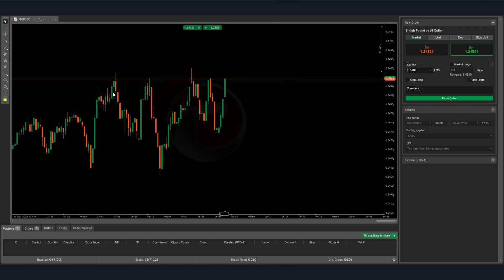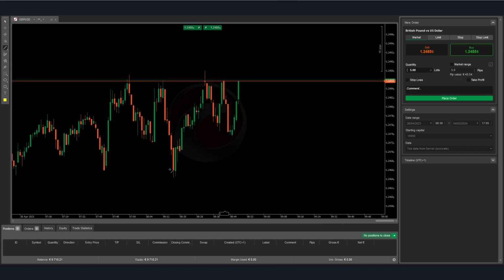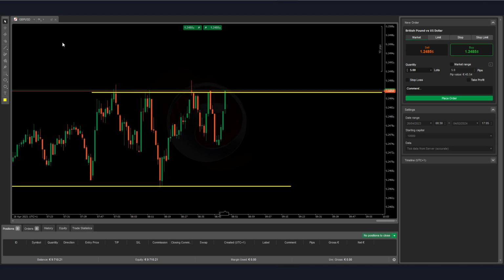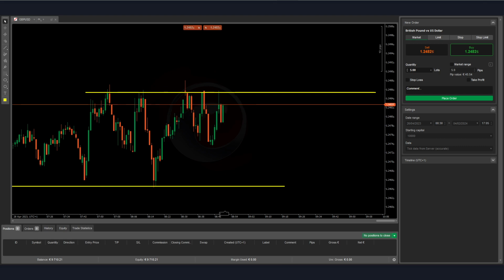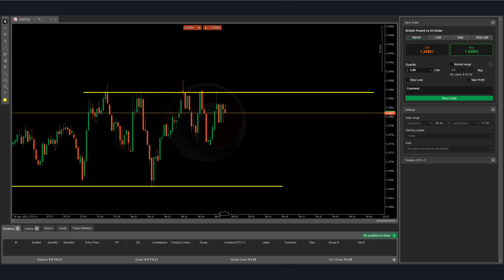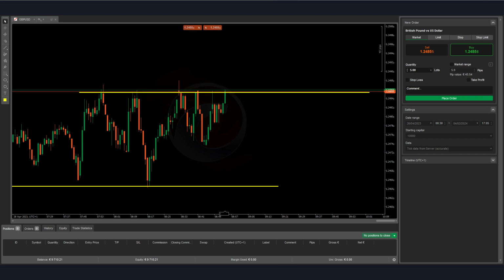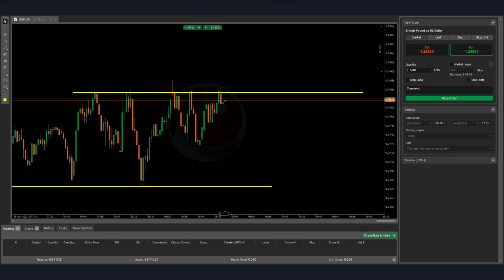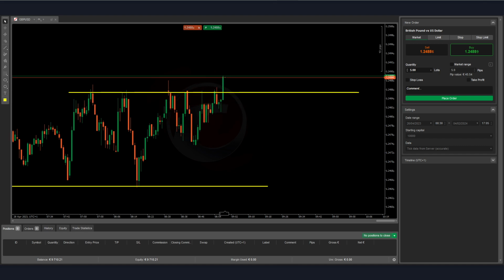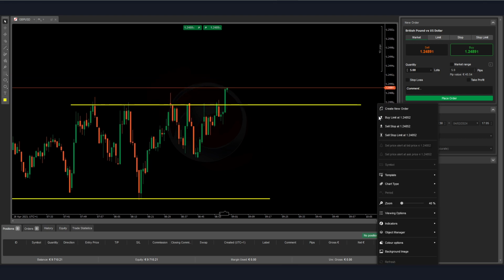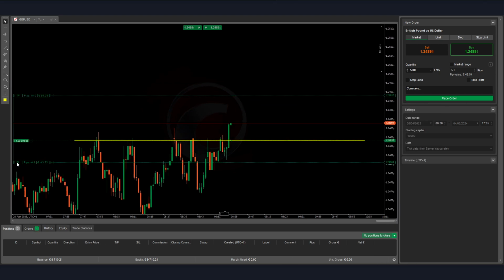Let's see. Nice order block that was created over here. Okay, let's see now if we are breaking above and retesting it. Okay, so this would be the trade idea. Around 5 pips and 15.